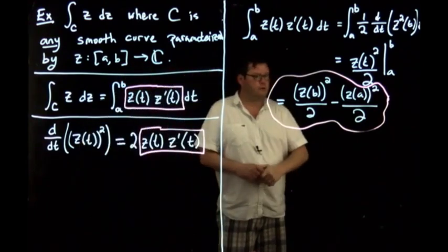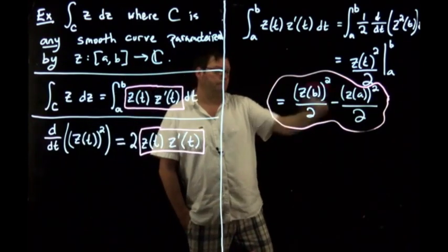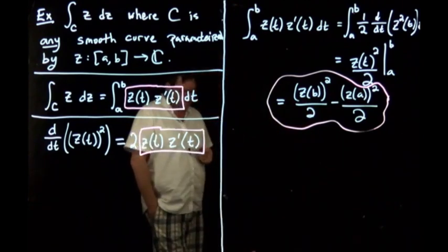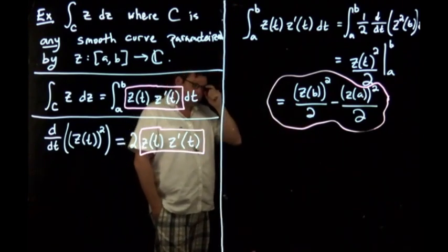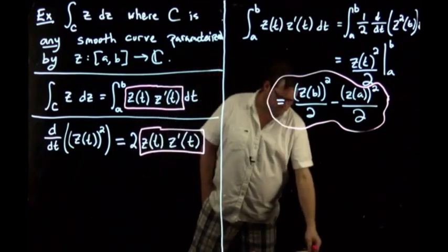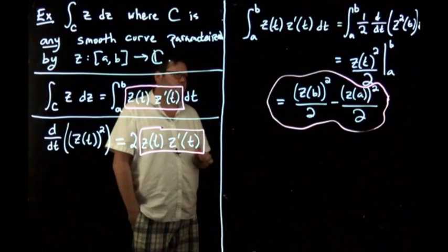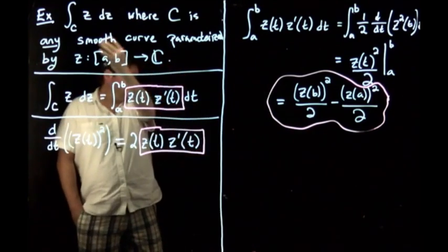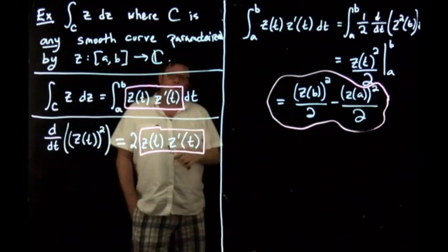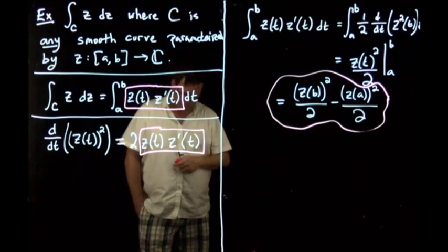All that matters are the endpoints, z of a and z of b. So here, unlike our previous example, we have path independence. The value of the contour integral is the same no matter how we went from z of a to z of b.